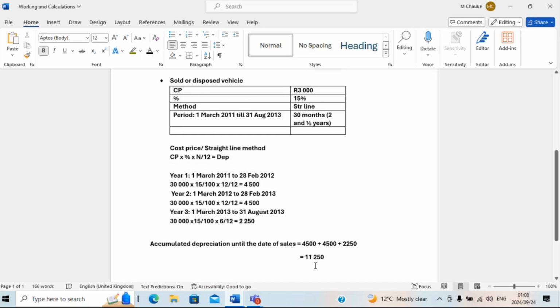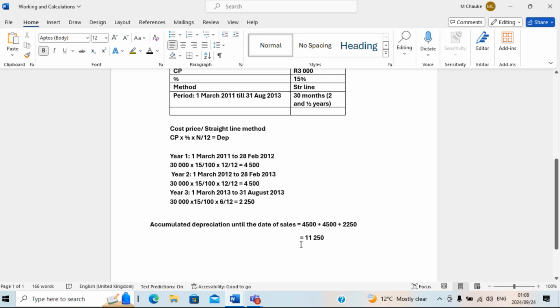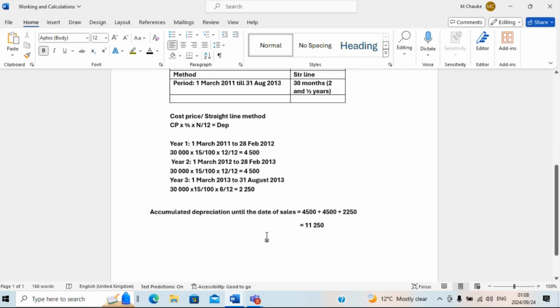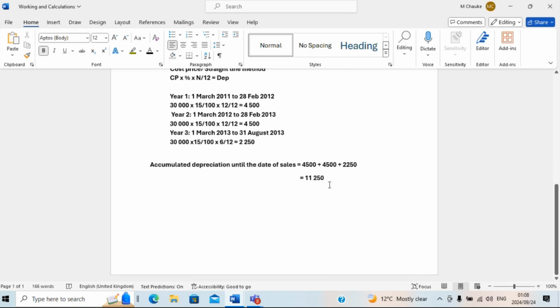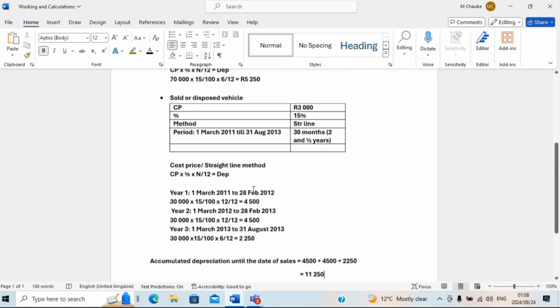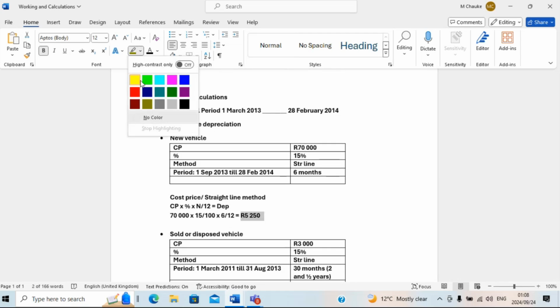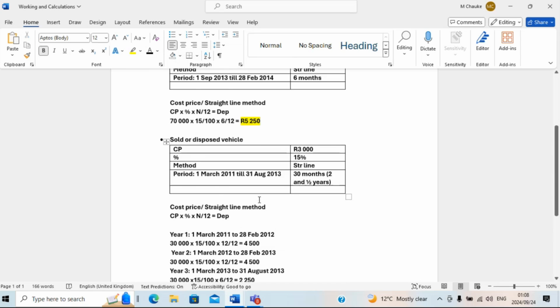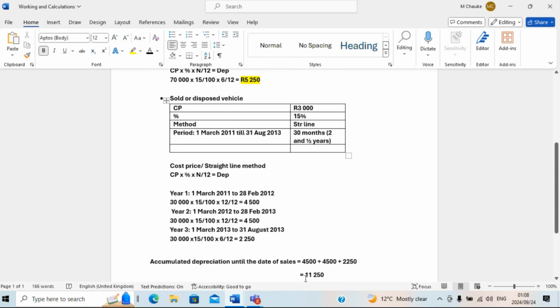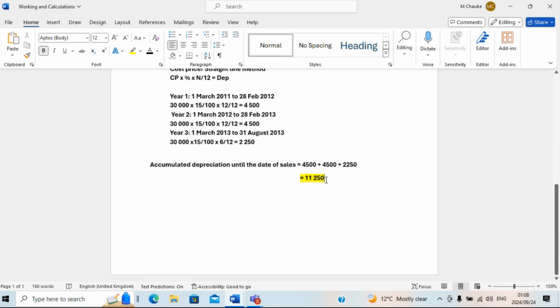Okay, and then now let's proceed. We also have to calculate depreciation for the remaining, because we calculated depreciation until the date of sales for the sold. It's very important to calculate this one as well.